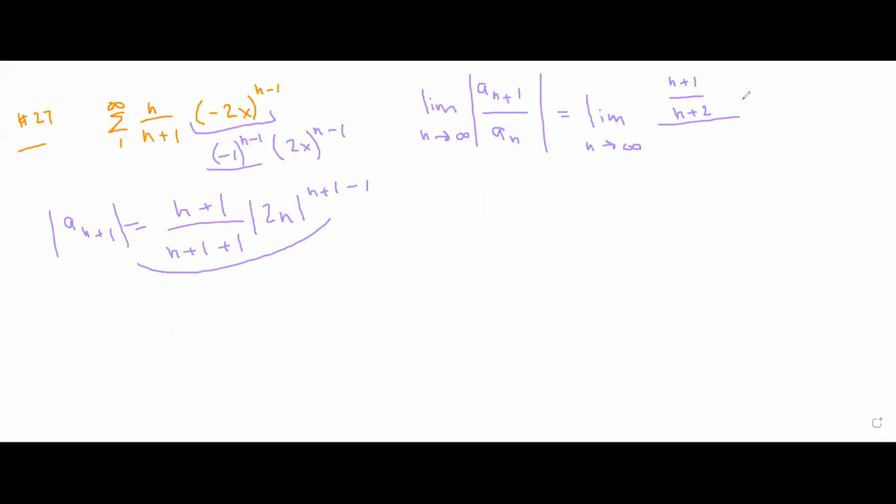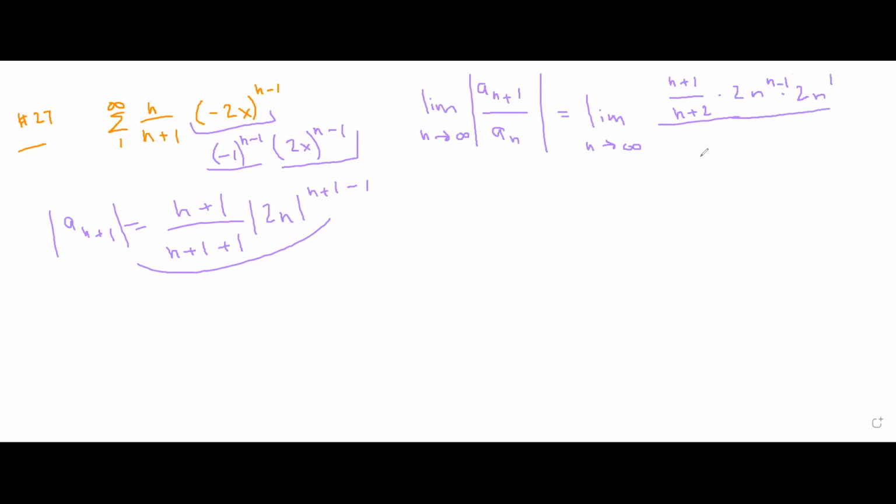So maybe in order to be able to nicely cancel, I can keep that 2x to the power of n multiplied by 2x to the power of minus 1 multiplied by 2x to the power of plus 1. So maybe this way I will be able to cancel, because that's my goal.